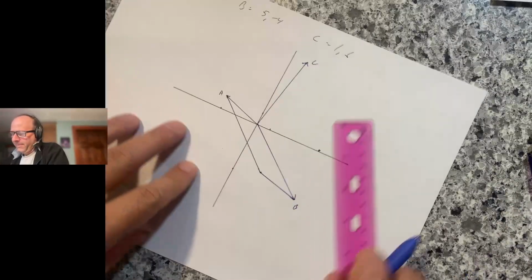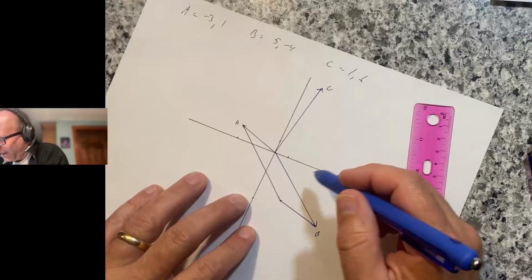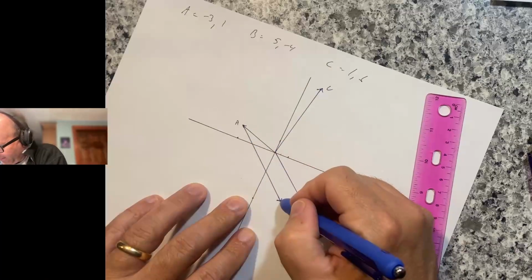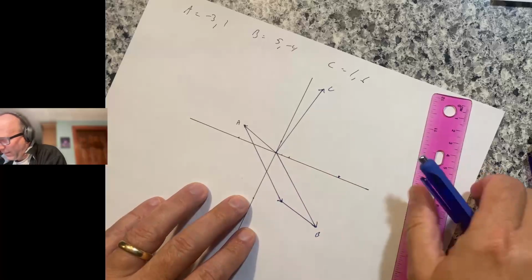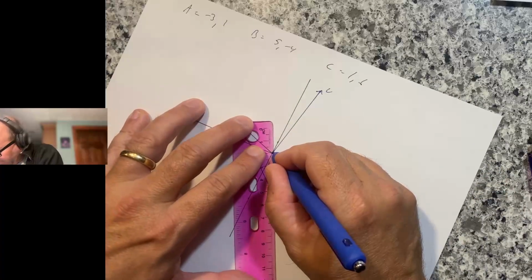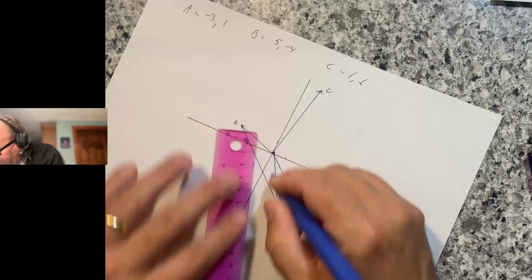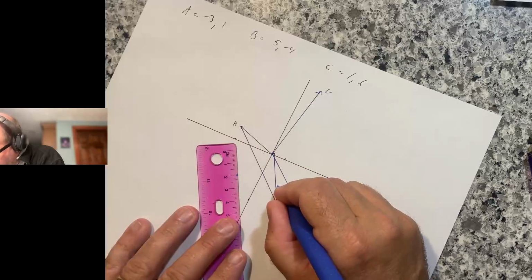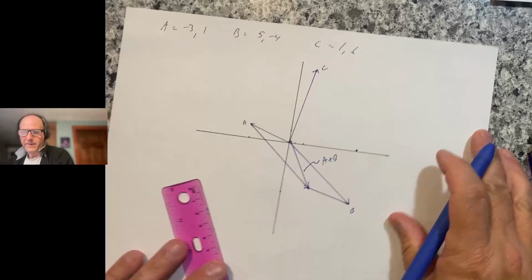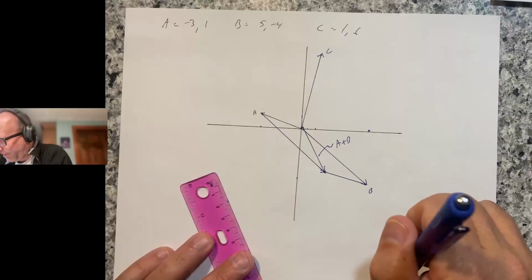Okay. And so what's happened is I've taken this and I've added this, and so I make this vector here. This vector here is A plus B. All right, so that's the parallelogram.